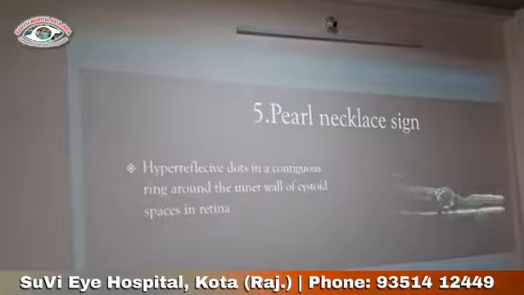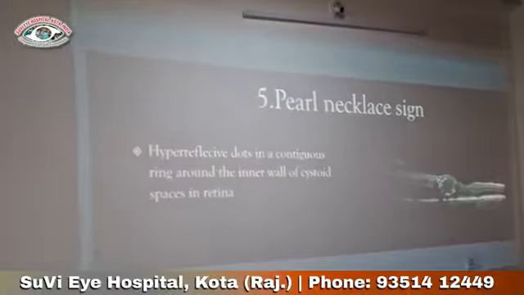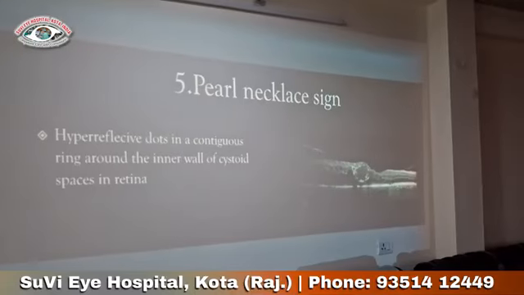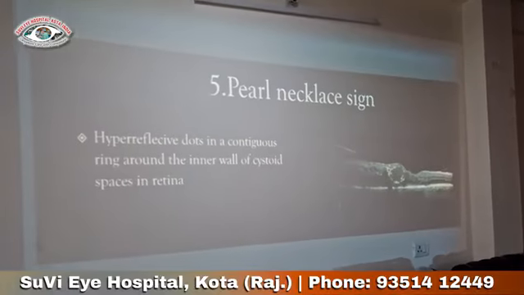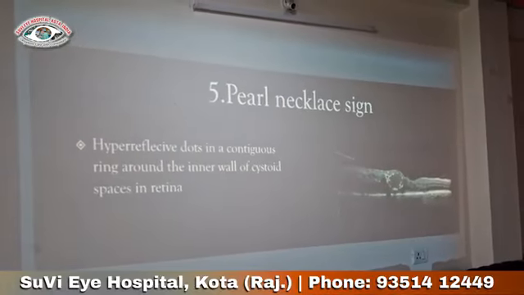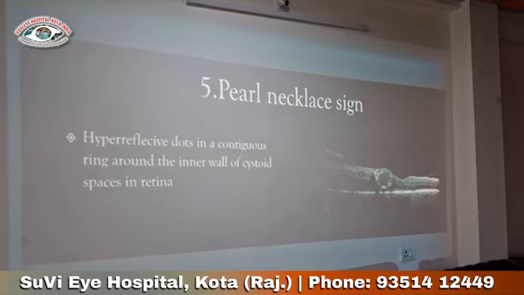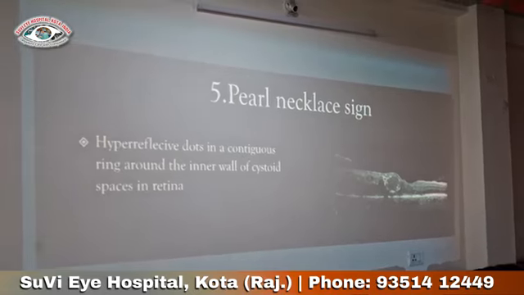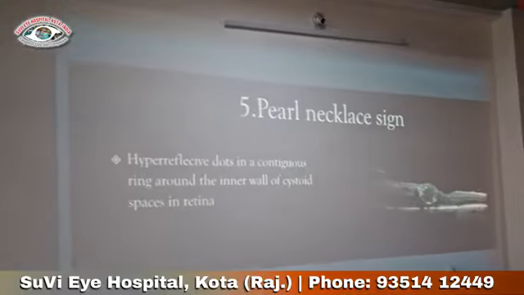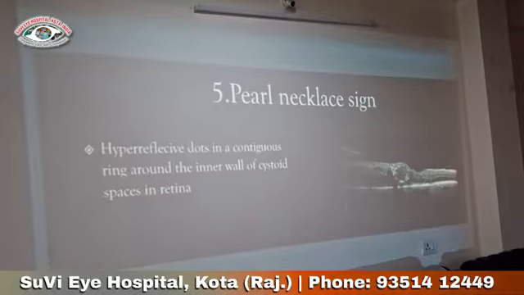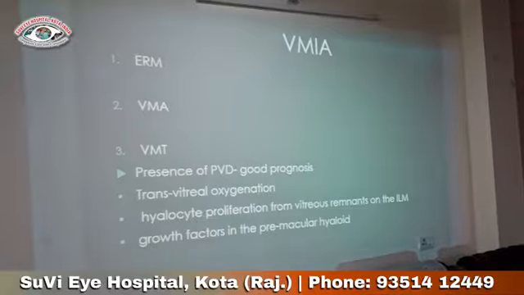When this type of cyst forms, it indicates chronicity, so it responds more towards steroids. It is a kind of chronic exudative macular edema. So this is also an important biomarker which has been given the name pearl necklace sign.